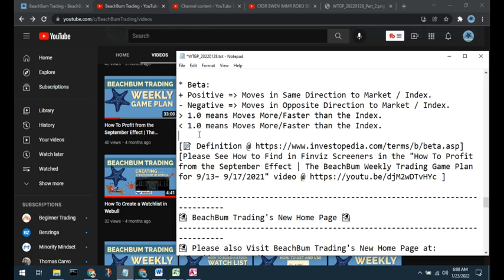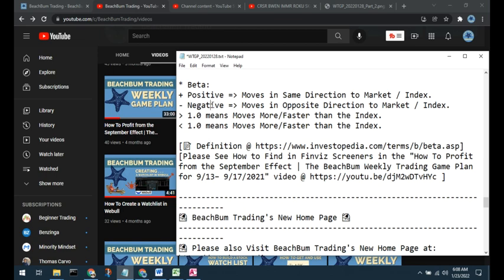Now, if we're talking about retirement accounts where you can't directly short individual stocks, then in a downtrending market we want stocks that are more likely to go up when the market goes down. Well, then we want to look at a negative beta, because a negative beta says it moves in the opposite direction of the market or index. So in a downtrending market, a stock with a negative beta is more likely to move up.